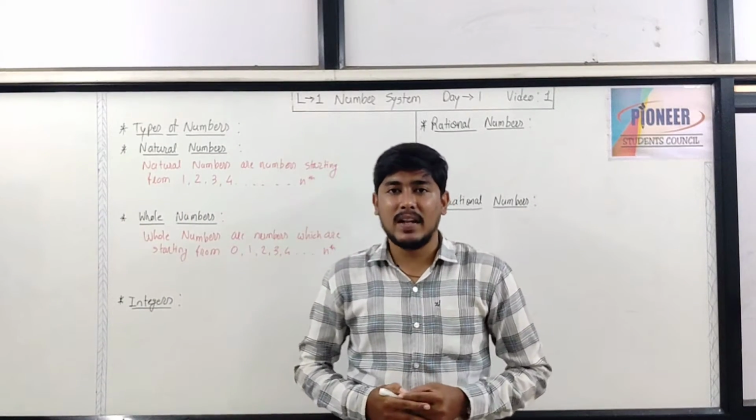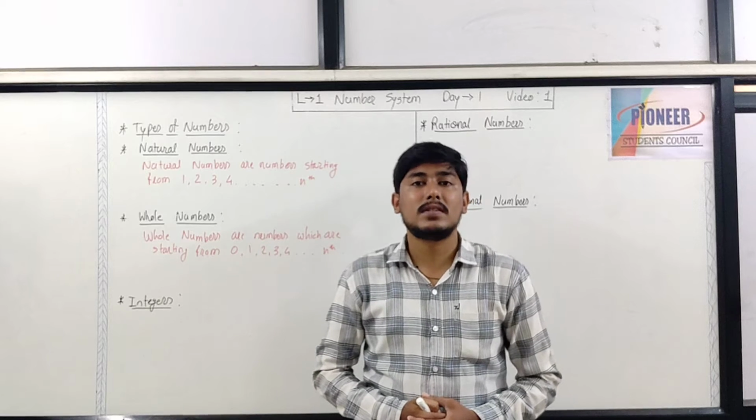So natural numbers start from 1 and whole numbers start from 0.